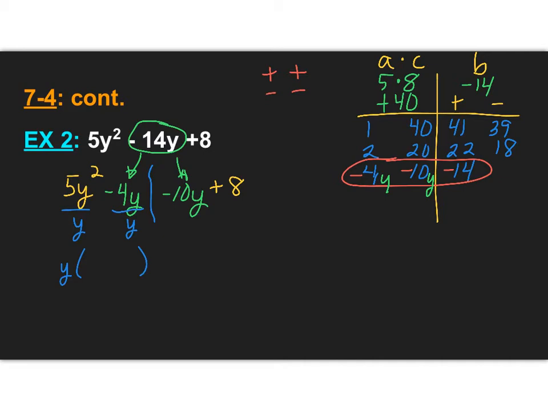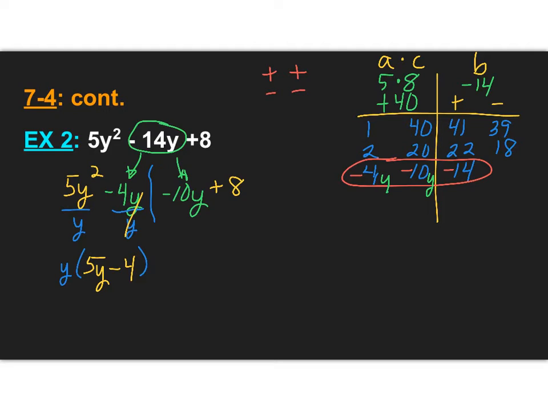So if we divide that out, 5 divided by essentially 1 here is going to be a 5. And then y squared, take away a y, is going to give us a y. Negative 4 essentially divided by 1 is negative 4. And then y divided by y, the y's are going to cancel.